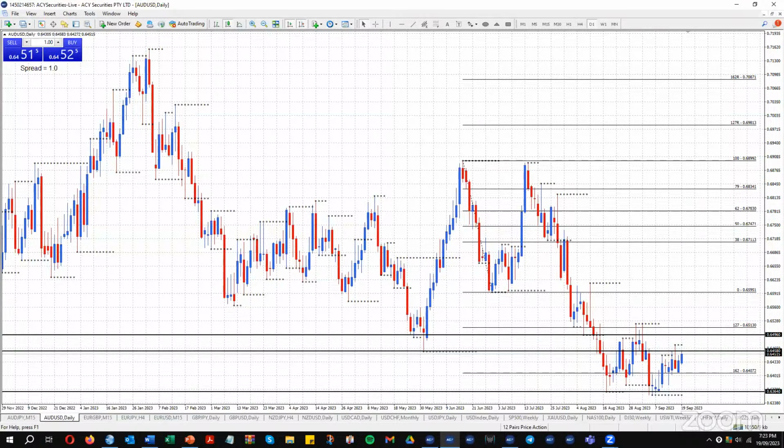But I think it's worth considering that we've had this double top, then we've had a long run down. We could see a corrective rally up from high to low of that range there, up this way.